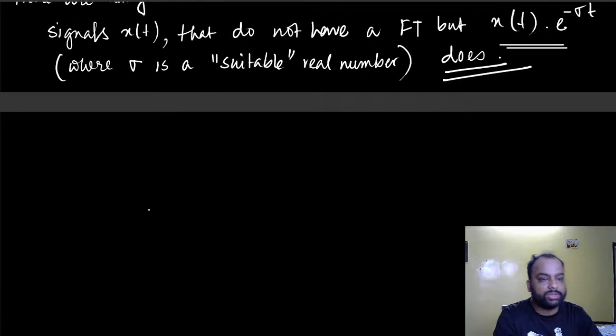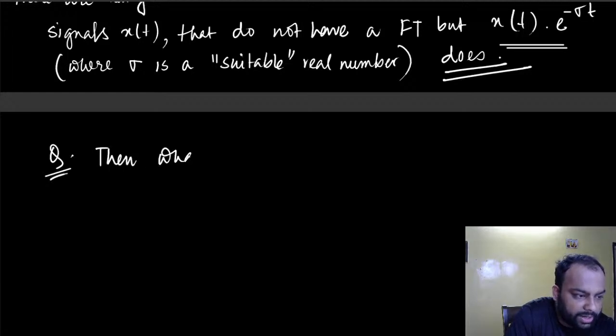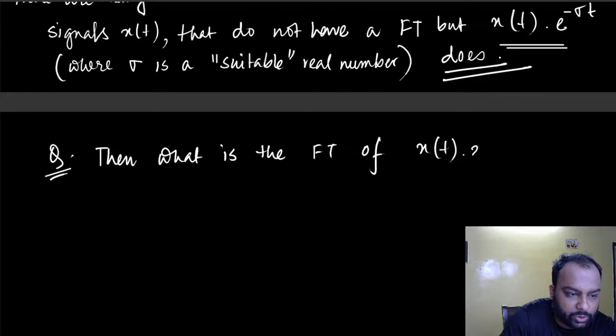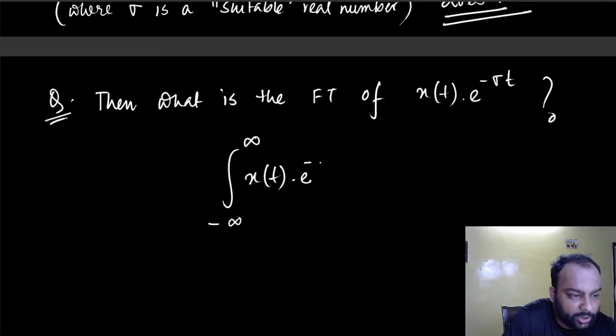So essentially what we can now say is that x(t) times e to the power minus sigma t has a Fourier transform. But the question is, what is the Fourier transform of x(t) times e to the power minus sigma t? Of course the answer is this. How do you calculate the Fourier transform?